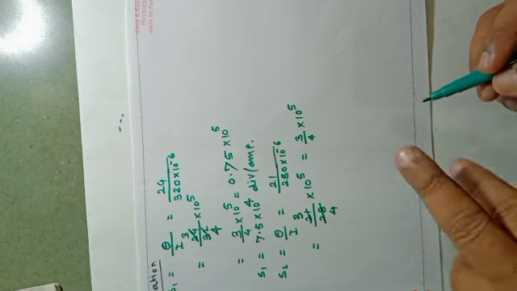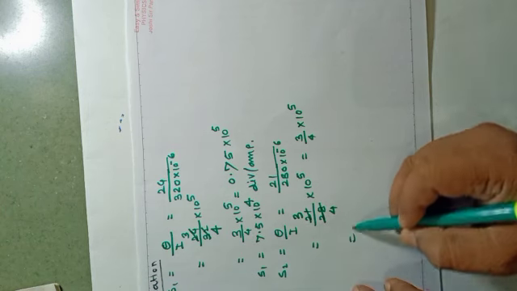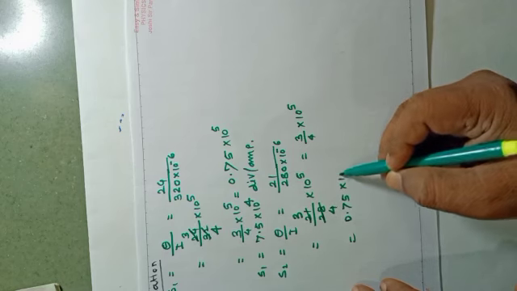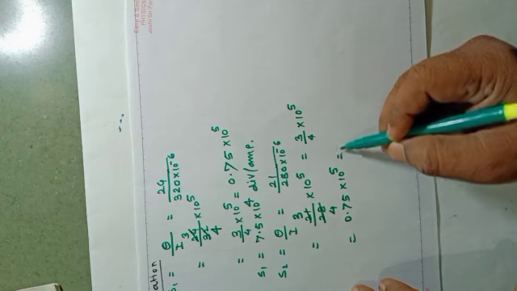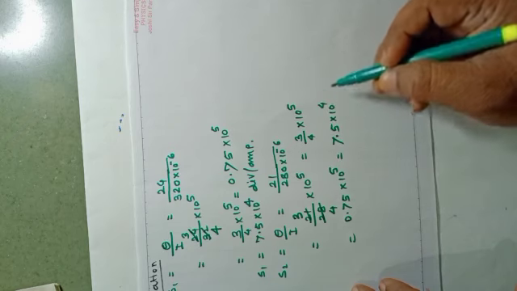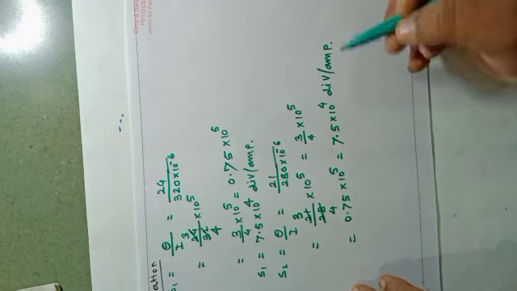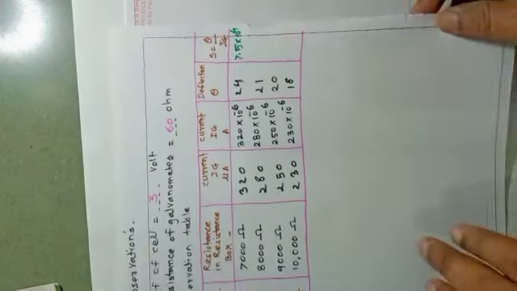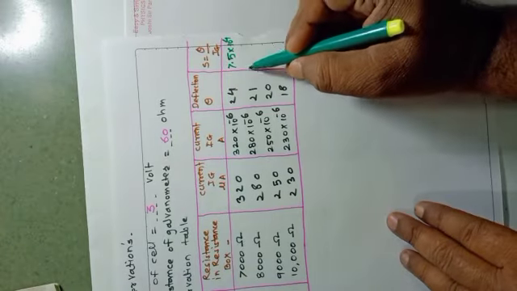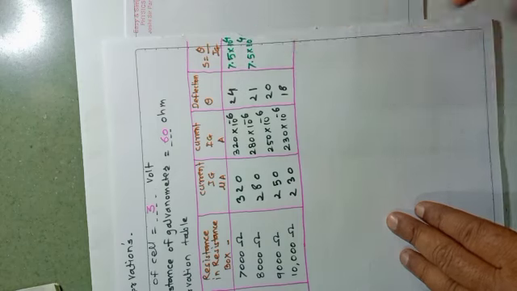If we can divide by 4, then its answer will be 0.75 into 10 to the power 5, which becomes 7.5 into 10 to the power 4 division per ampere. So for the second reading, the calculation in the observation table will be 7.5 into 10 to the power 4.